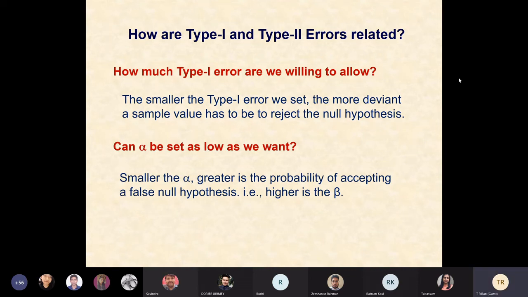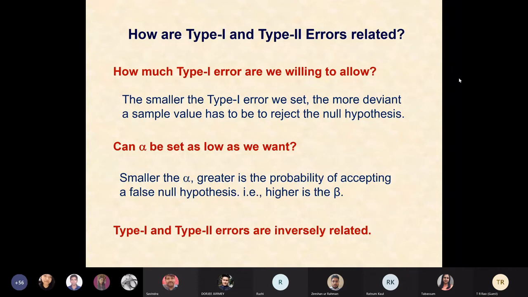Obviously, these two are inversely related. You fine tune your type 1 error going to the 0.01 level, then the beta will be different. You increase or decrease it, it will invariably change the possible beta value. I'm saying possible because you never know what the alternate value is.